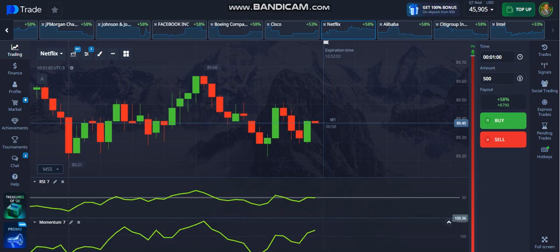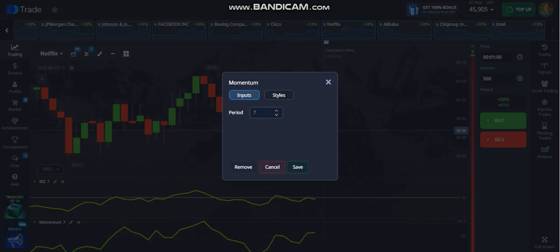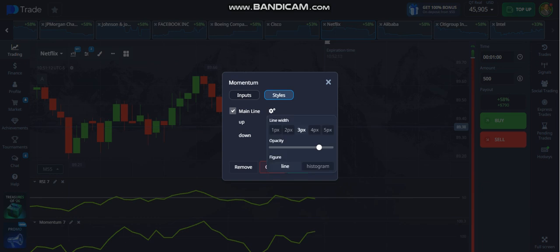Okay. And for my momentum indicator, I've set the period also to 7. And in my style settings, for the main line, I'm using the line, not the histogram. The histogram is the default setting, but we're going to be using just the regular line here, 3 pixels. So we go ahead and save those settings.